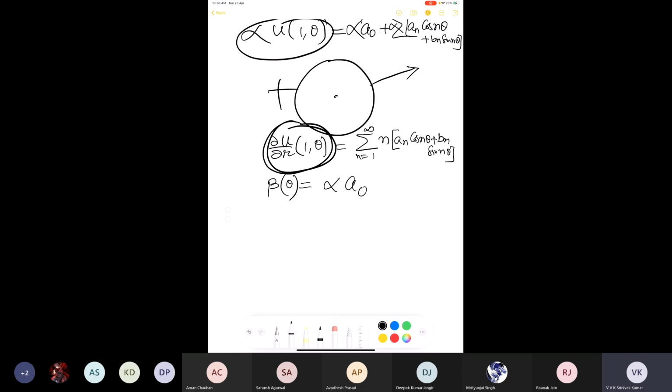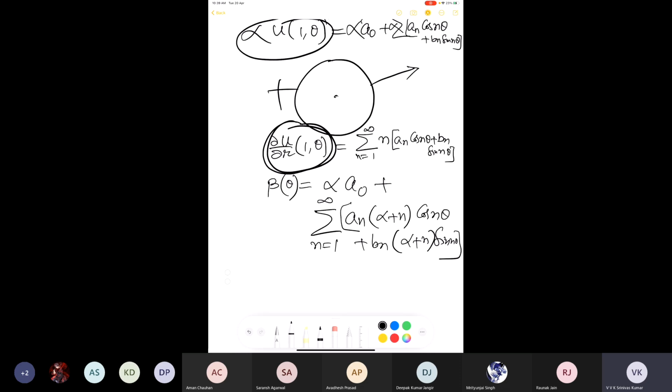So this is equal to alpha a naught plus summation n equals 1 to infinity of an times (alpha plus n) cos n theta plus bn times (alpha plus n) sin n theta. This is the beta, substituting the problem.